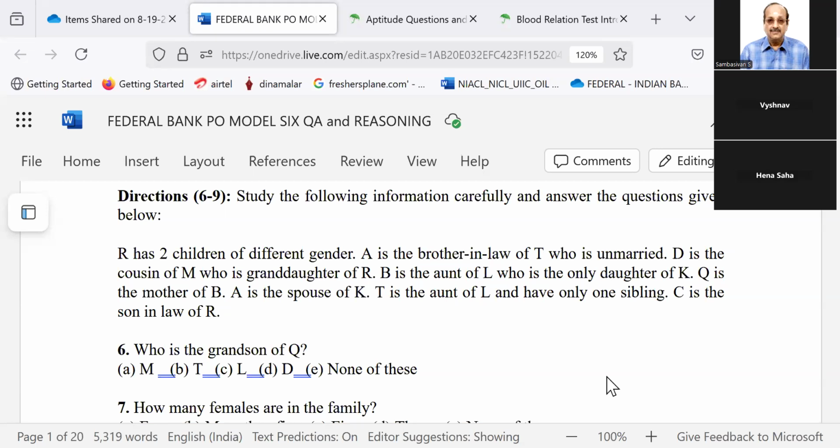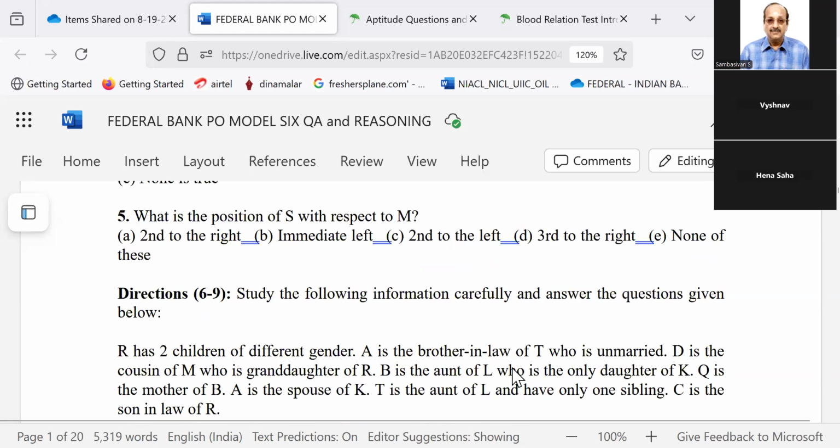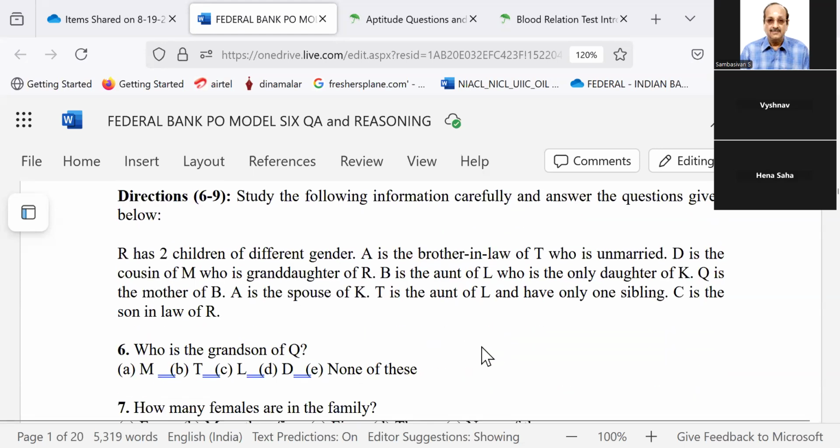When they are husband and wife, they will give an equal to sign. When it is a son, they will put a line vertically down and then extend it. If it is male, they will put a plus. If it is a female, they will put a minus. Like that, you have to draw the picture.